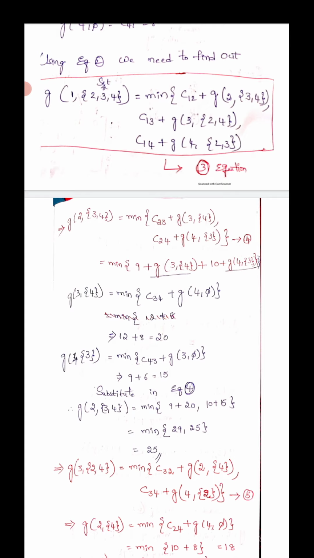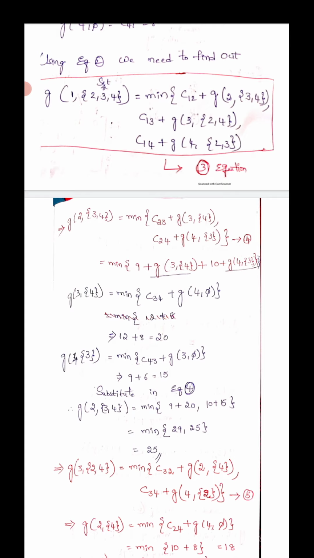Now by using equation 2 we need to find this. Minimum of c suffix ij, in the sense c suffix I equal to 3, j equal to 4, plus g of j equal to 4 comma set 4 minus j, in the sense 4 minus 4 cancels, we get the 5 value.